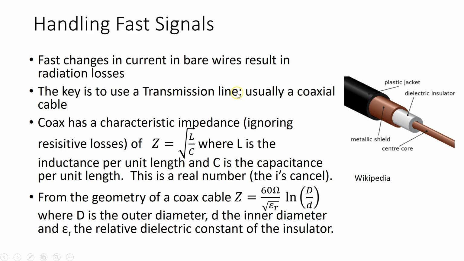But anyway, the characteristic impedance of a coaxial cable used as a transmission line, i.e. for high frequencies or fast pulses, in its passband of frequencies, because they do have an upper cutoff frequency, is given by this formula. Z in ohms is the square root of the inductance per unit length divided by the capacitance per unit length.